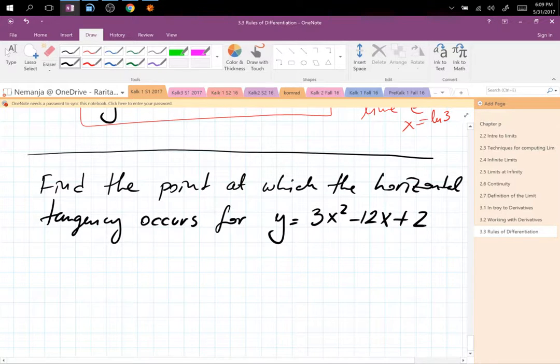I want to find a point at which the horizontal tangency occurs.